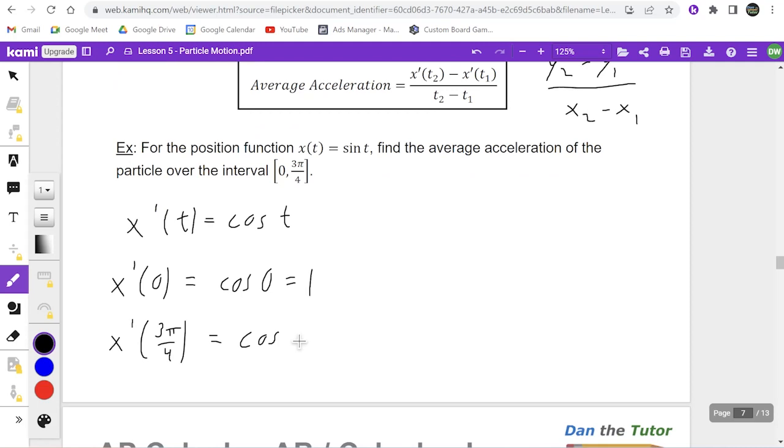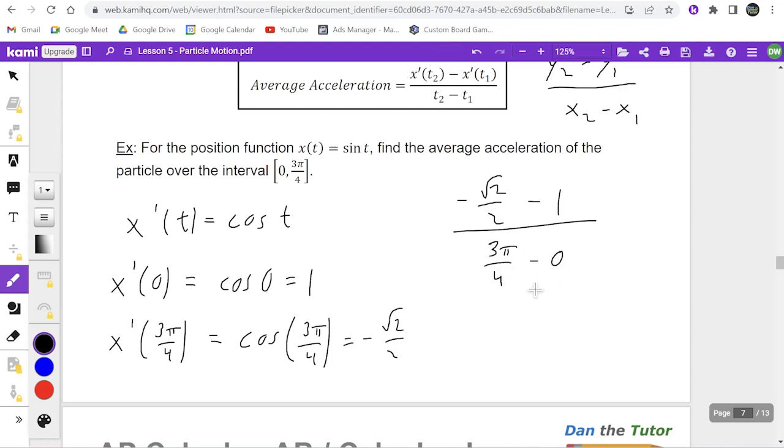That's the cosine of 3 pi over 4, which is going to be negative root 2 over 2. And then if I want to find the average acceleration, I would say y2, which is the negative root 2 over 2 number, minus y1, which is the 1, divided by t2, 3 pi over 4, minus 0.